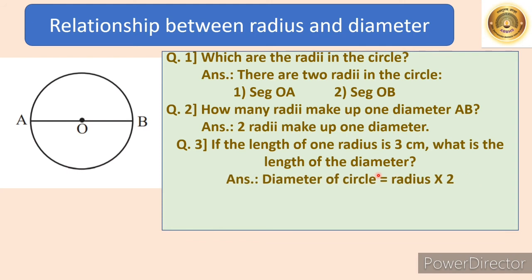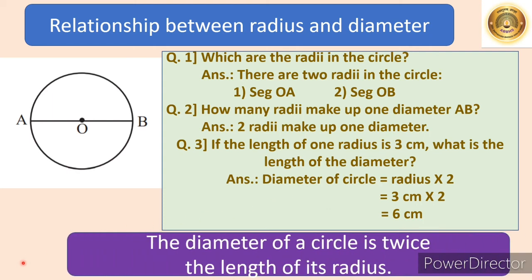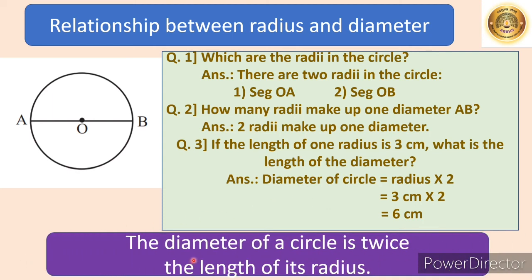So the diameter of a circle is equal to radius multiplied by 2. So the radius is 3 cm multiplied by 2. So the diameter is 6 cm. So what have you learned from these questions? The diameter of a circle is twice the length of its radius.